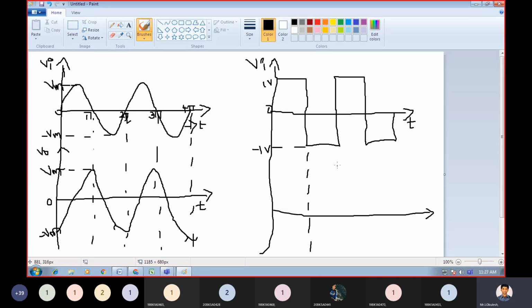If we draw like this, then only will we have an idea how you will get it, for one full cycle and for one half cycle also. Okay, see for this.